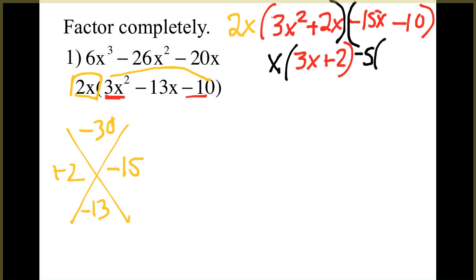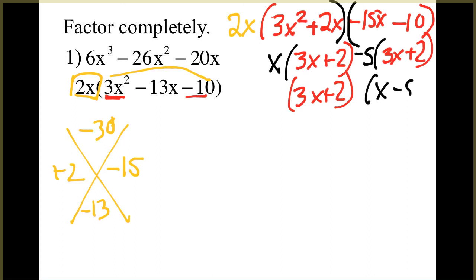And what I'm left with is 3x plus 2. So I divide my binomial factor out, 3x plus 2. What's left is the x minus 5, and don't forget what we started with, our GCF. All three of those are what you need to factor out 6x cubed minus 21x squared minus 20x.